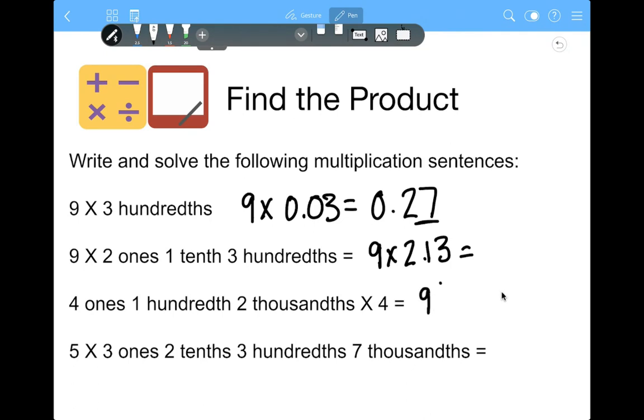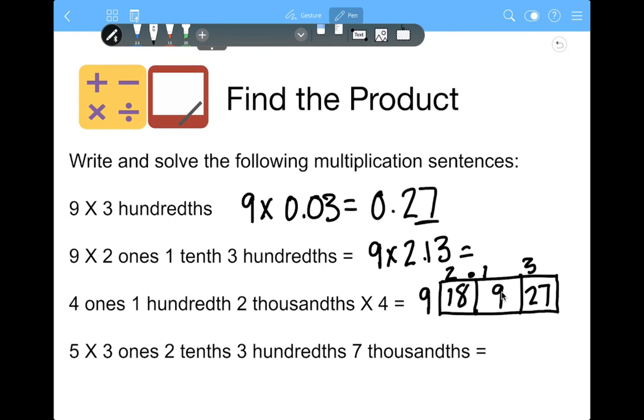I'm going to show you how I do that because we're going to have to carry some over here. So I've got my 2, 1, 3. So 3 times 9 is 27 hundredths. And then 9 times 1 is 9 tenths. And 9 times 2 is 18.